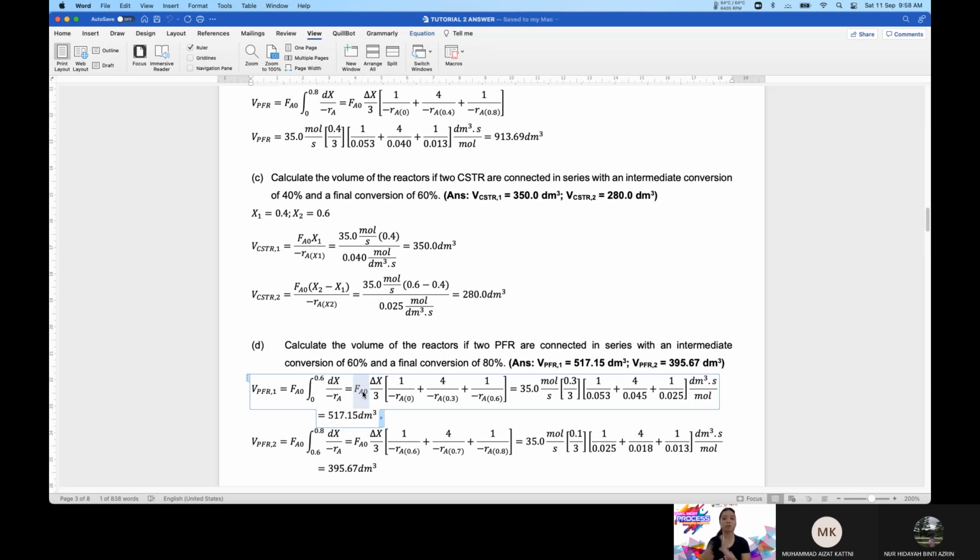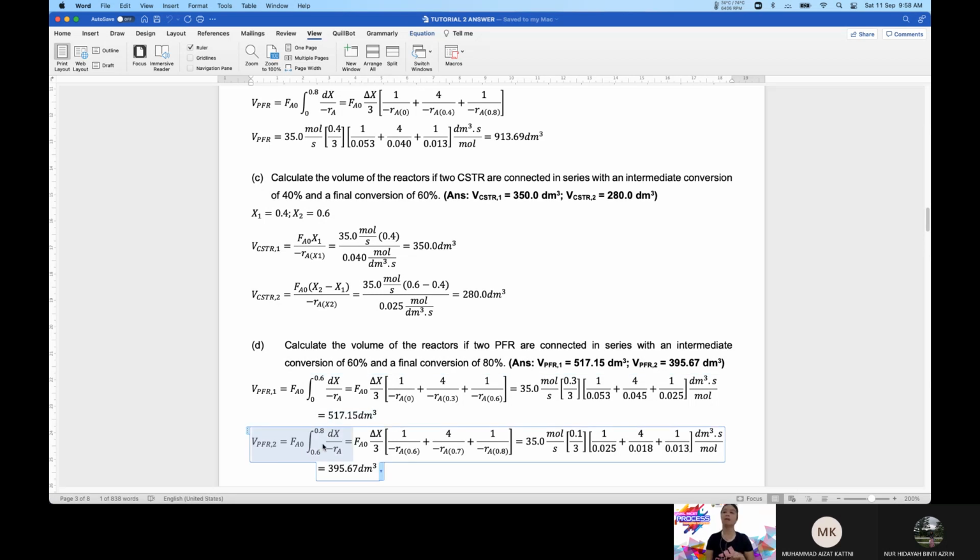So, you just substitute in all the value from the table. Make sure you really check correct value from the table. You should get the volume of 517.15 dm cube. Meaning, if you have a PFR in series, and the first PFR, you want to achieve 60% conversion, your volume should be about 517.15 dm cube. So we go to the next one, the second PFR.